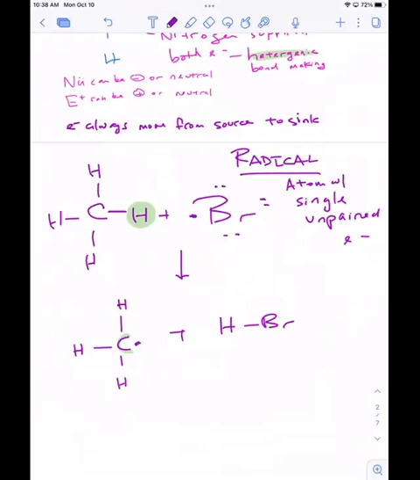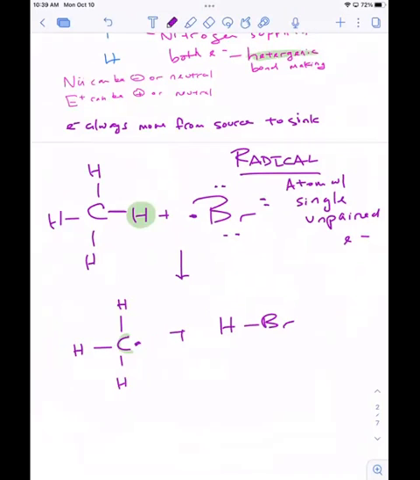What did I do? You just replaced the lone electron with the H. Therefore the lone electron gets transferred over to the C. It looks like there's one electron here on carbon.